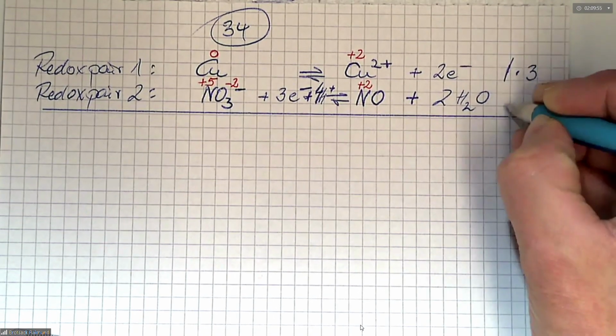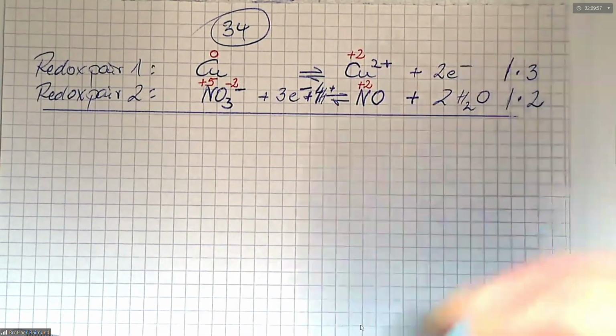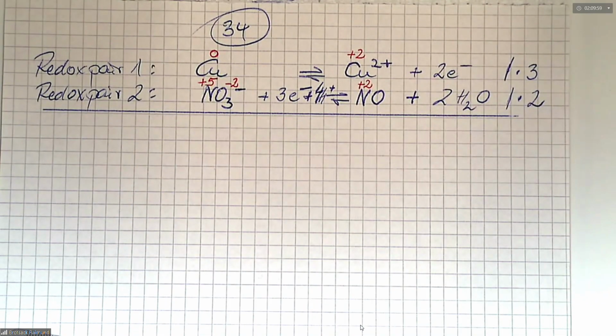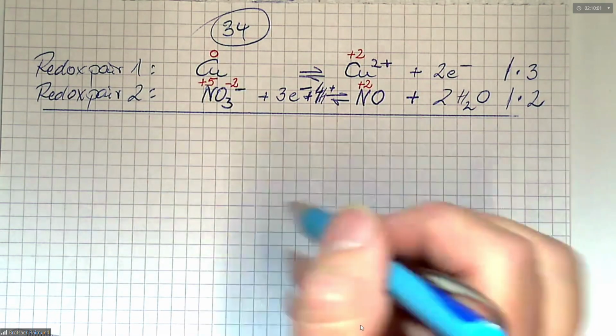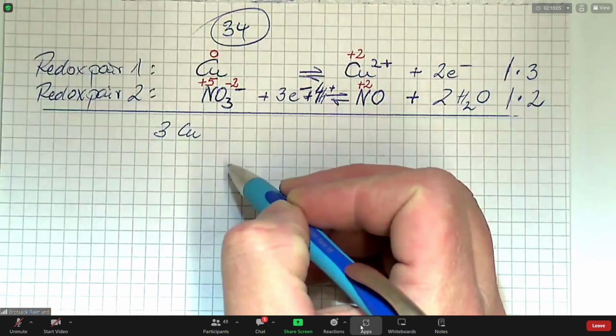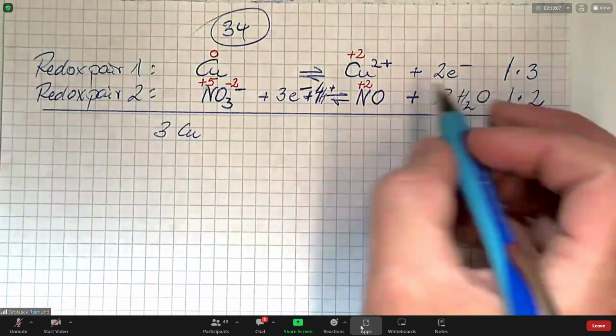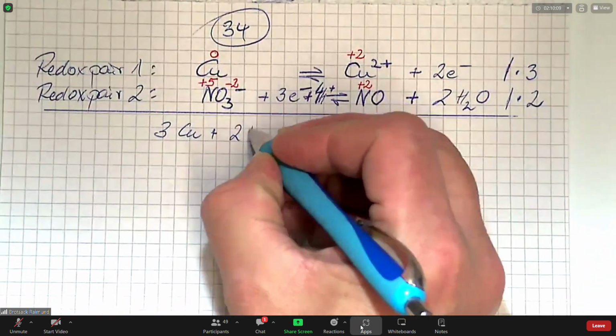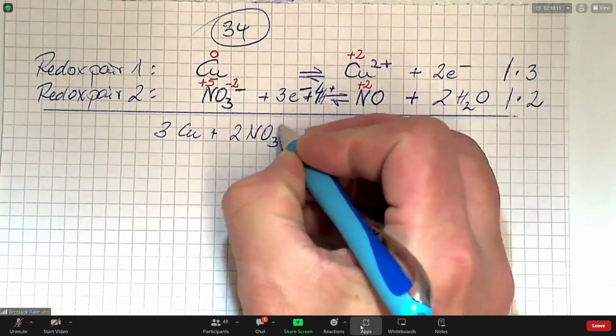Multiplying by 3 and multiplying by 2. Then we have 3 copper elementary, nothing left on the first row, but then 2 plus 2 nitrate ions.